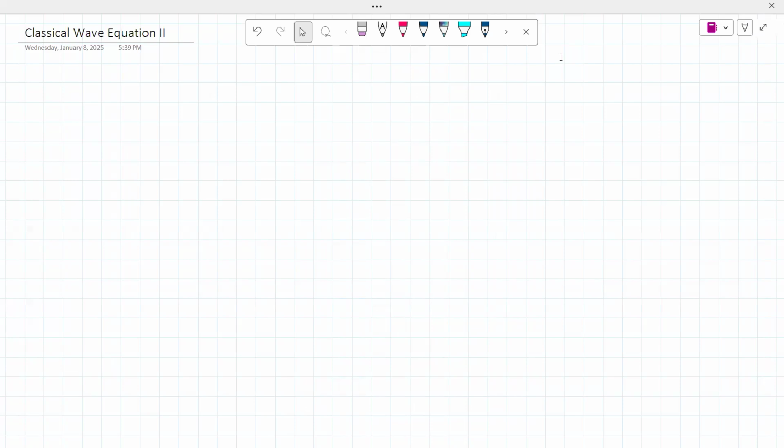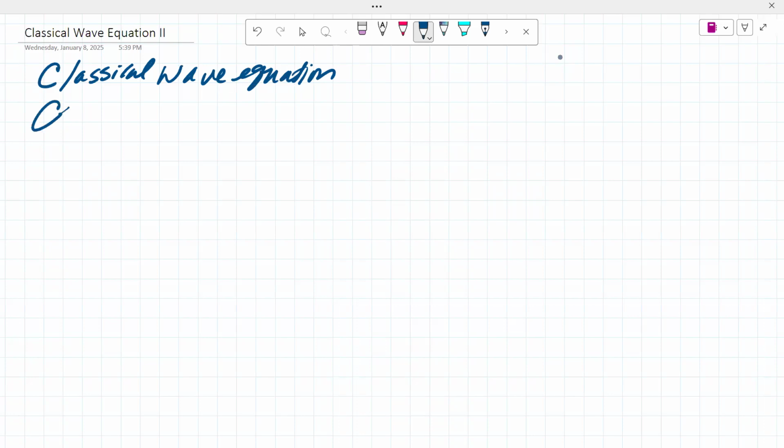All right, so the next thing we're going to do is consider k in the classical wave equation. Let's consider k less than 0. So let's take a look at our equations.